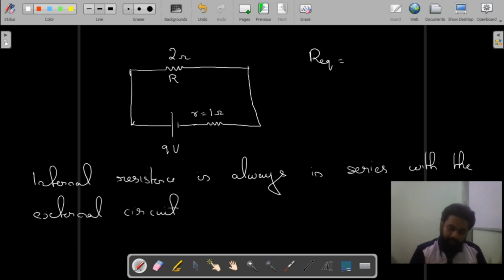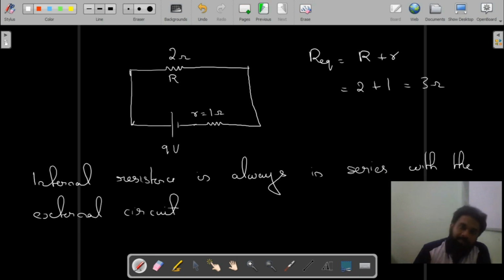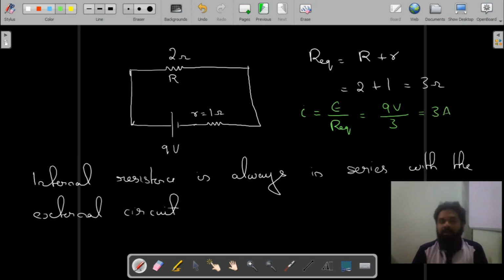So R equivalent is nothing but capital R plus small r, they are in series. So this is 2 plus 1, equal to 3 ohm. Now if we try to calculate the current, E by R equivalent, 9 volt divided by 3, we will be getting 3 ampere current.